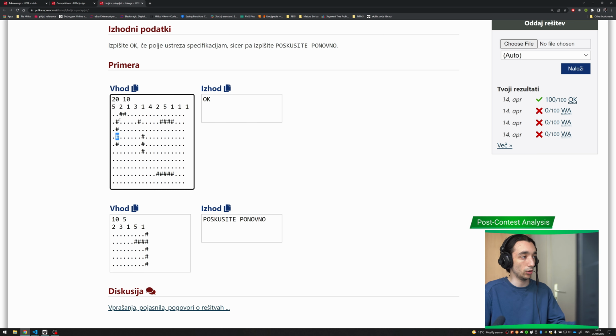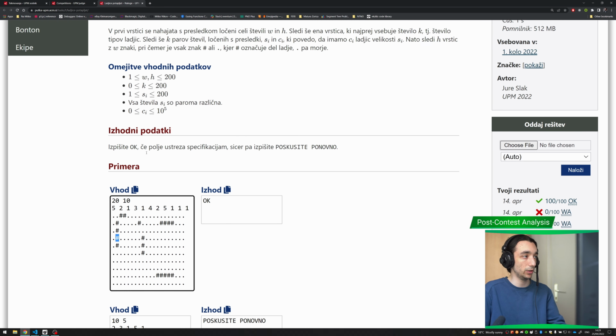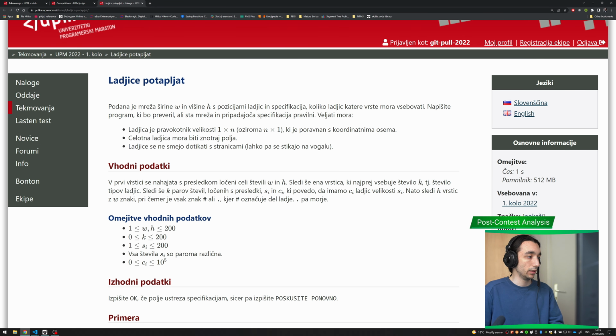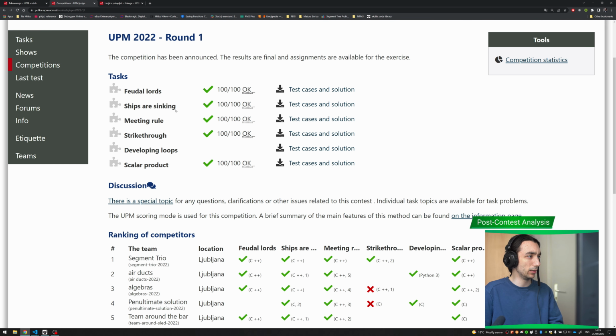All of the ships must be horizontal or vertical, and it's just a problem of checking if the ships are good and counting how many of them there are.